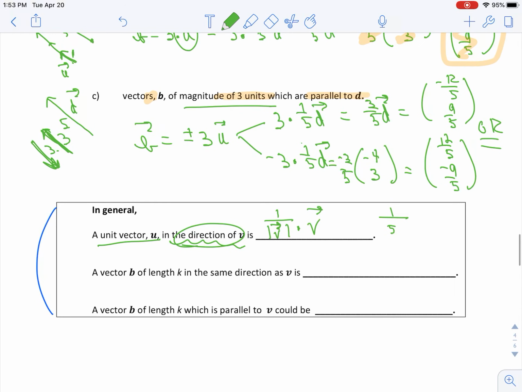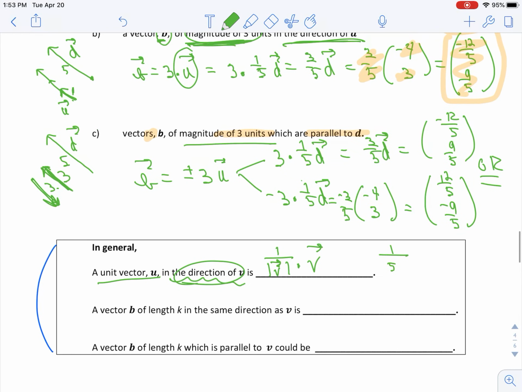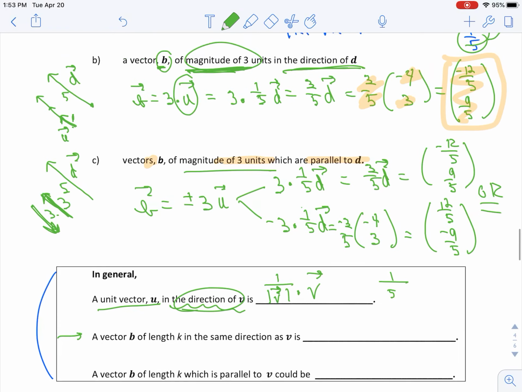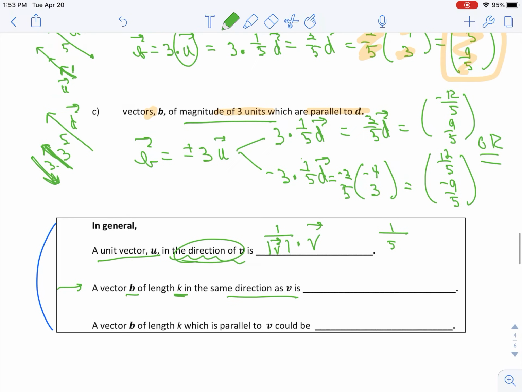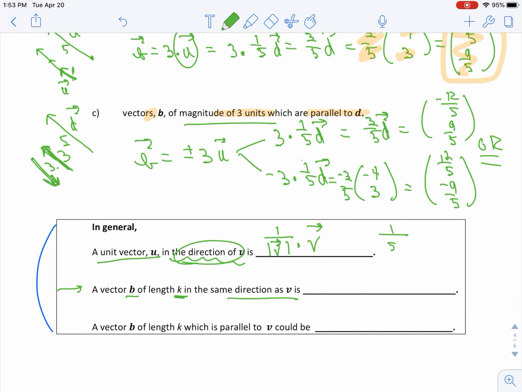Okay, so coming down here to the generalization then, this one is like part B. It says if we want a vector B of length K in the same direction as V, then vector B is going to be K times the unit vector, and the unit vector is this.